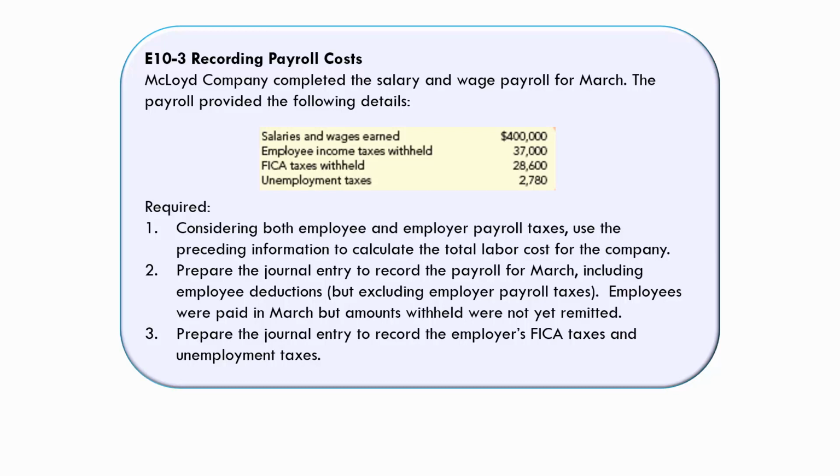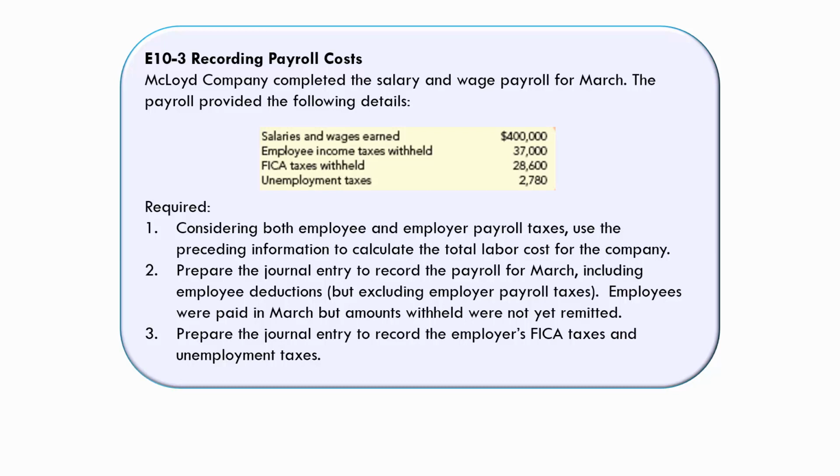And when we take care of the employees, if we're paying it with cash, there will be a credit to cash. If we are not paying the cash, not cutting the checks, we'll also have a salary and wages payable recorded.